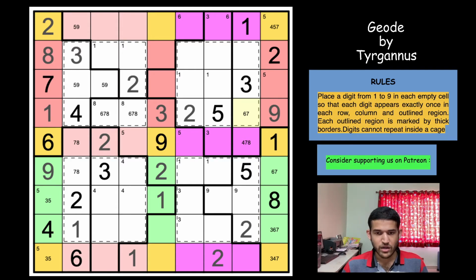Okay, row 6 column 5 must be 5, 6 and 7. Consider in terms of the green region, only it can contain 5, 6 and 7. Okay, so row 6 column 6 and 7 must be 1, 7 and 8, right?